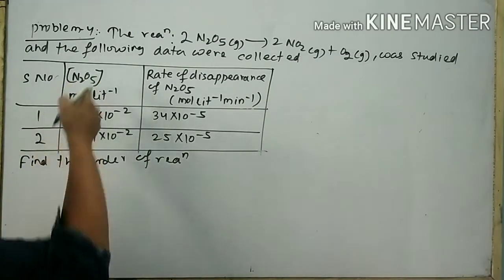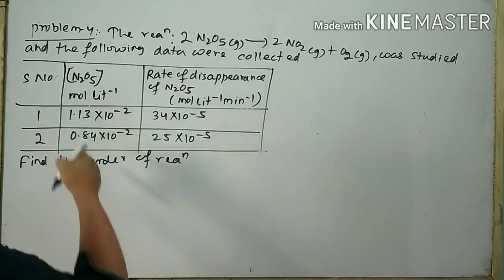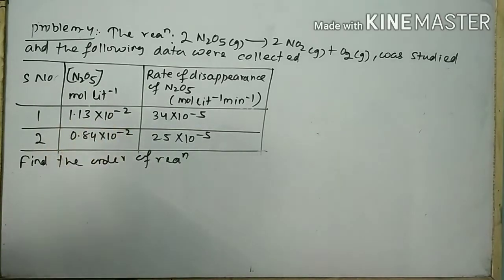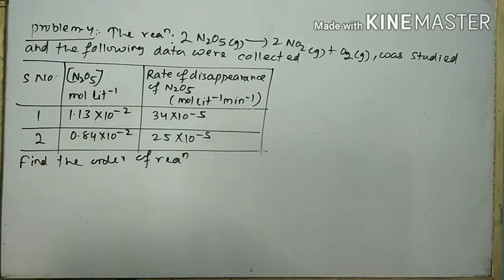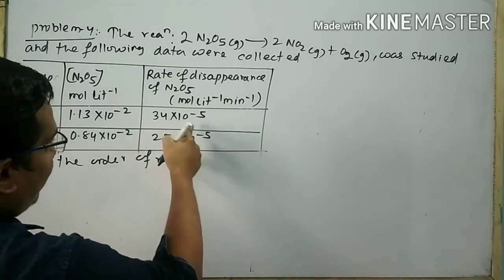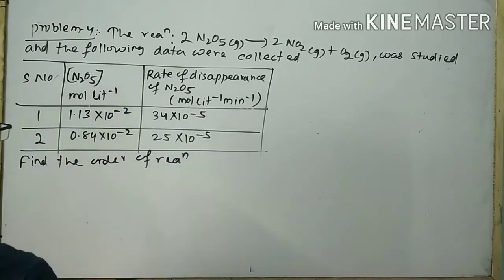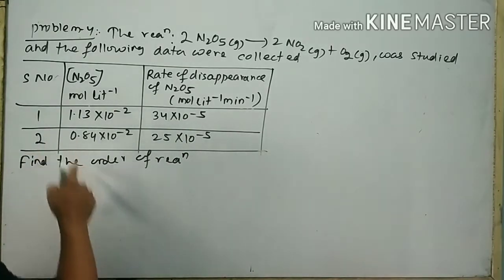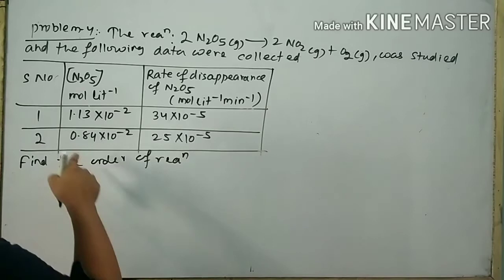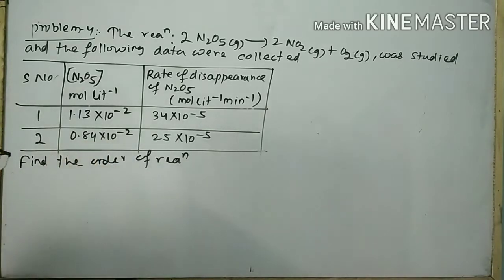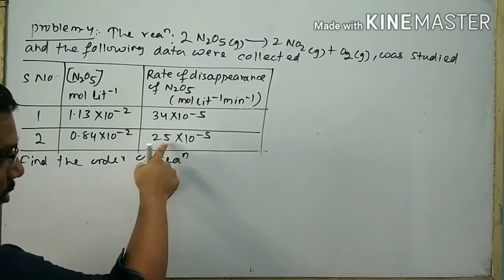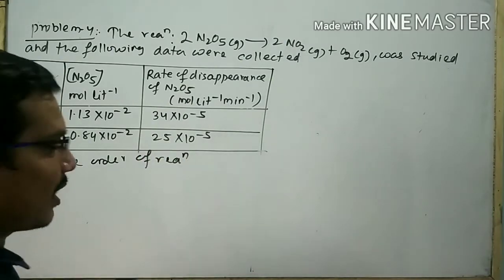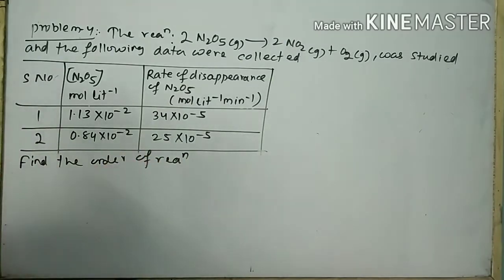In experiment 1, the concentration of N2O5 is 1.13 into 10 to the minus 2 and the rate of disappearance of N2O5 is 34 into 10 to the minus 5. In experiment 2, the concentration of N2O5 is 0.84 into 10 to the minus 2 and the rate of disappearance of N2O5 is 25 into 10 to the minus 5. Find the order of reaction.